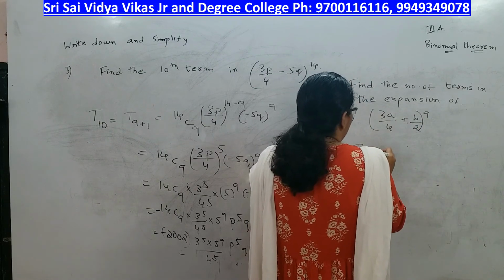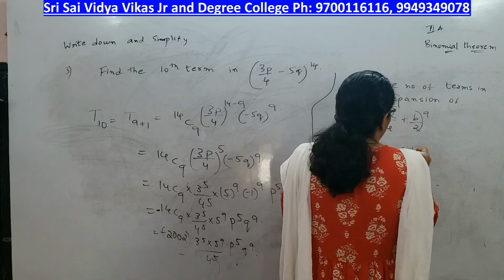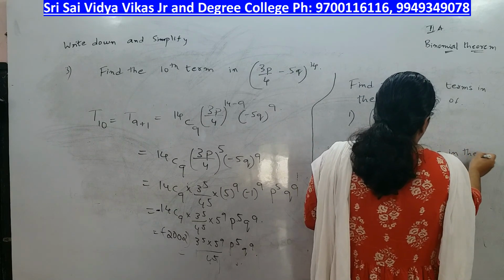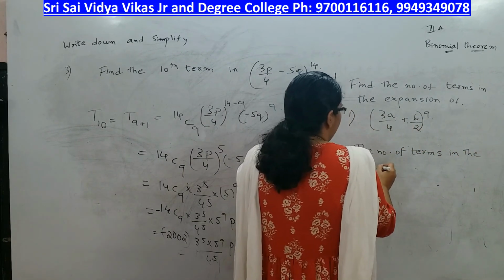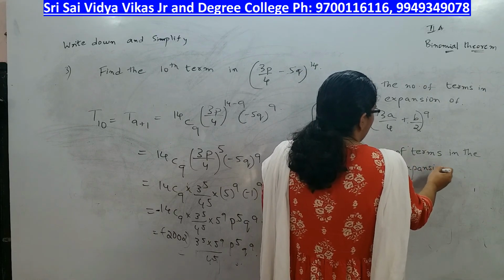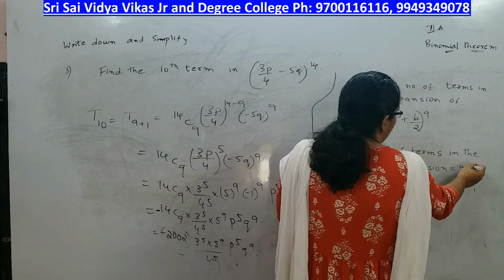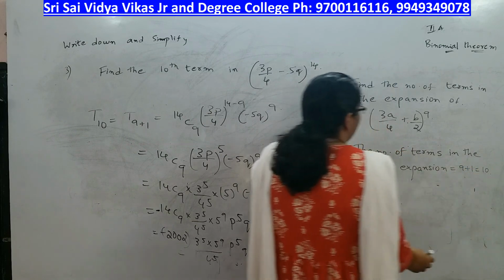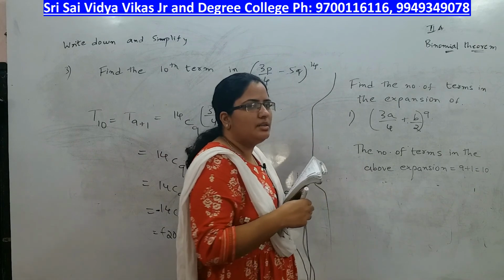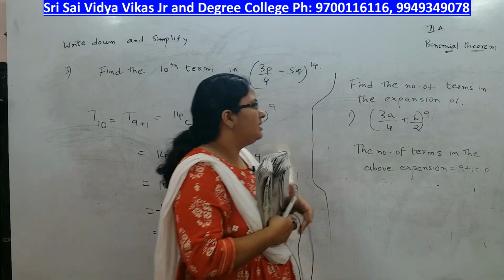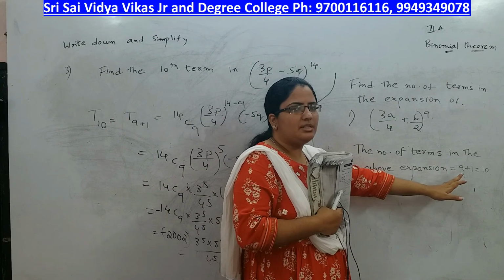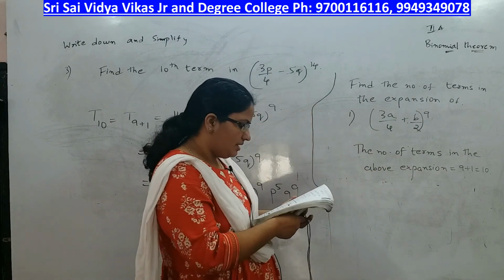The number of terms in the above expansion is equal to 9 plus 1, that is equal to 10. The number of terms in the expansion of (x plus a) whole power n is n plus 1. So here you have 9, so the number of terms will be 9 plus 1, that is 10 terms.